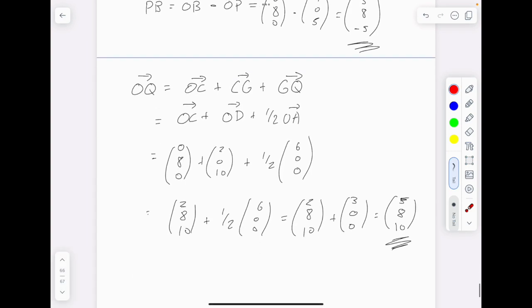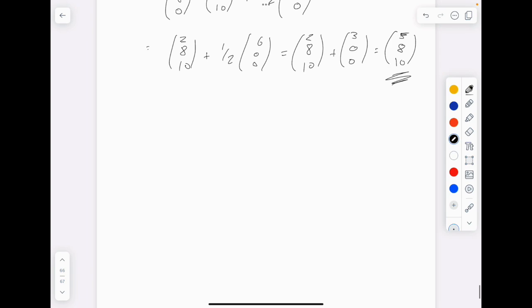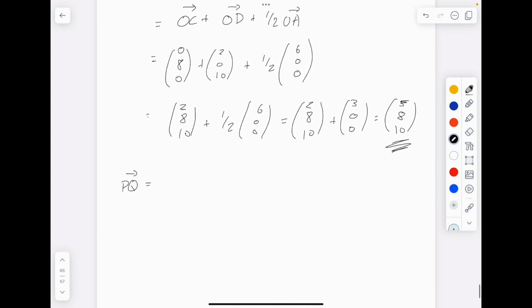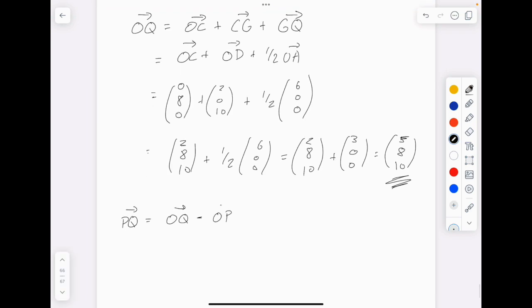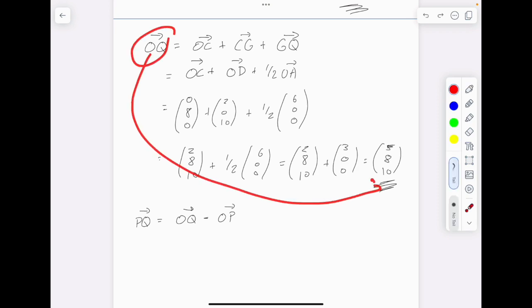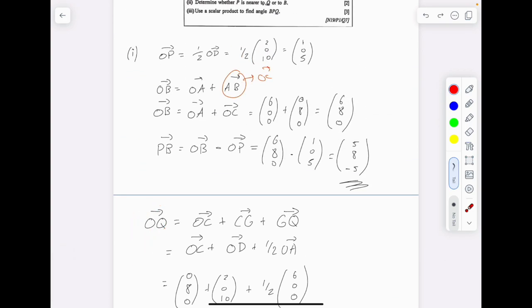PQ. What's PQ equal? Well, PQ is simply equal to OQ minus OP. Now we know what OQ is. This is OQ. And we know what OP is because we solved up there.